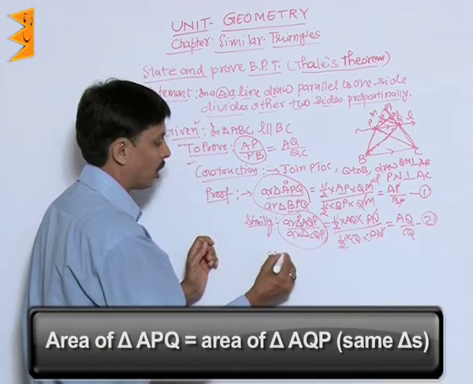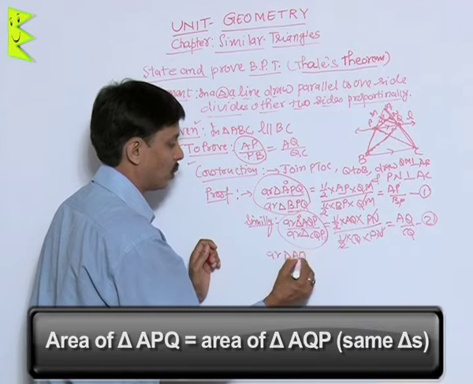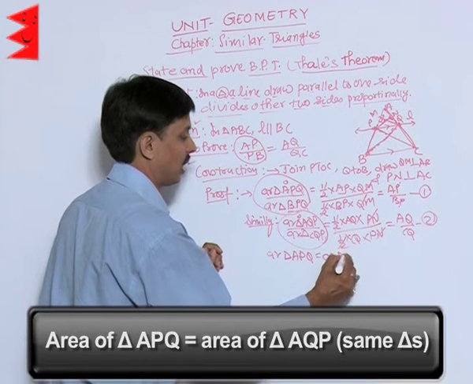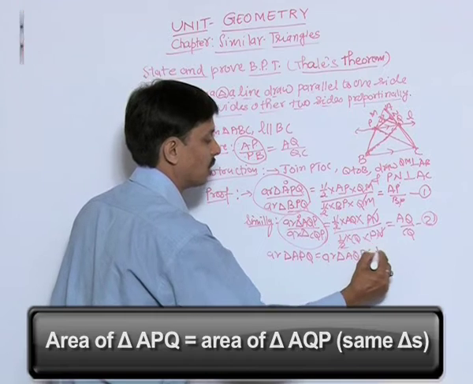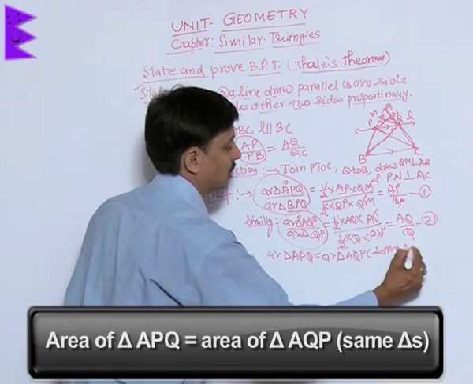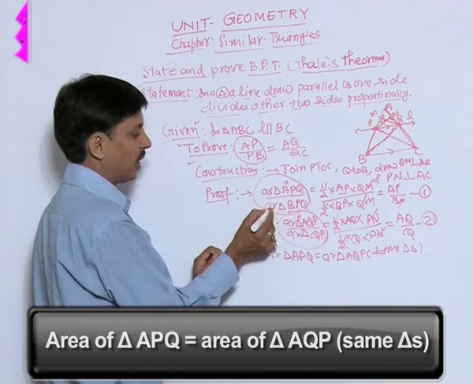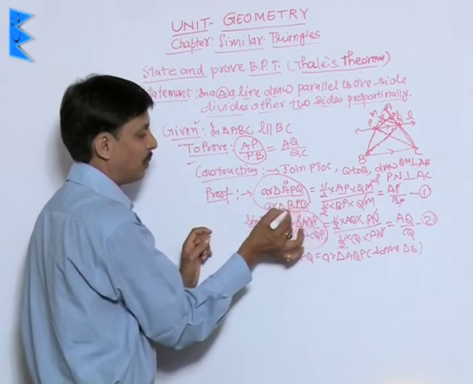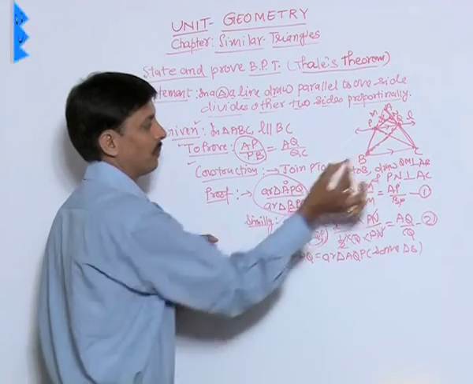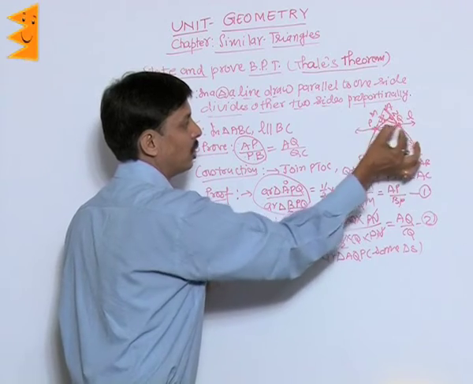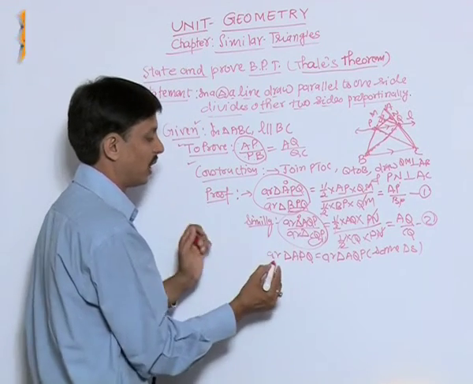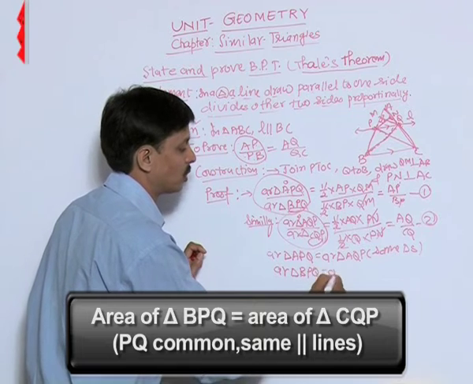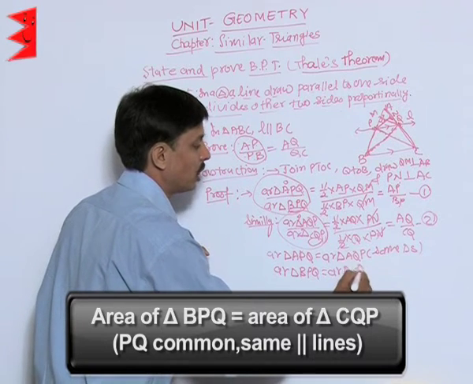So area of triangle APQ is equal to area of triangle AQP, because these are the same triangles. Now the denominators of the left sides are BPQ and CQP, and these are also equal in area. Area of triangle BPQ is equal to area of triangle CQP.